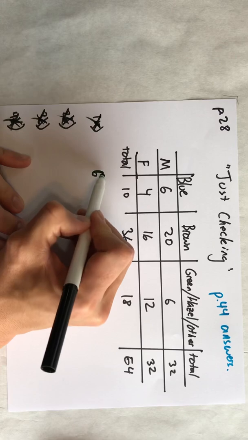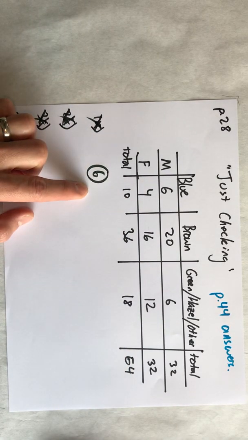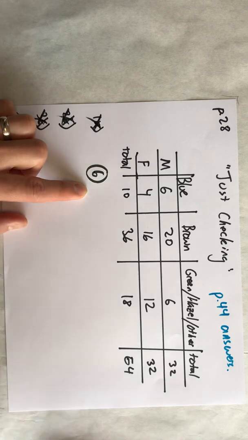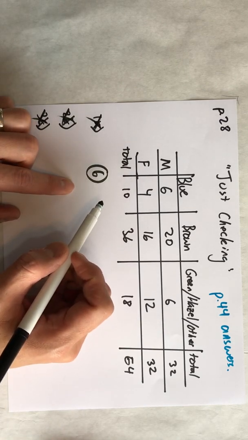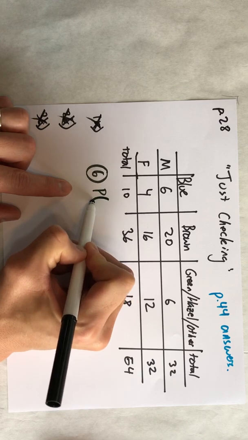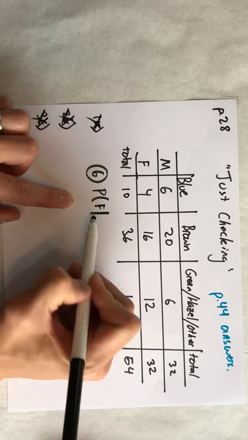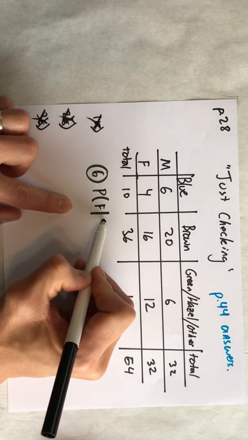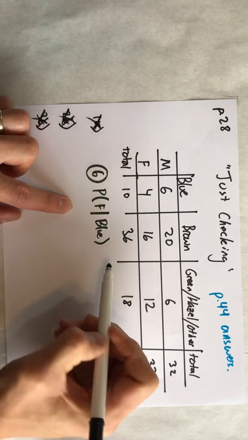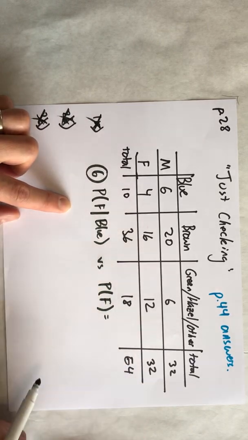So let's look at number 6 right here. Compare the percent of those who are female among blue-eyed students to the percentage of all students who are female. So we want to compare the probability of female given that you have blue eyes versus the probability of being female.